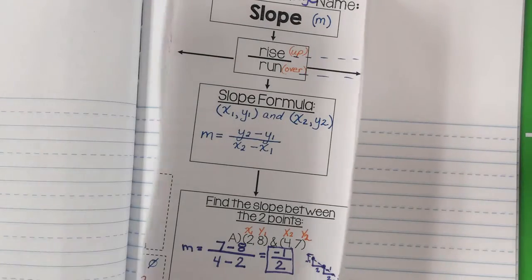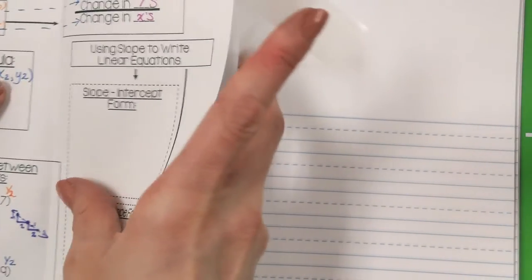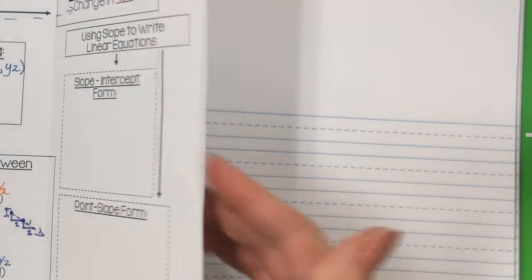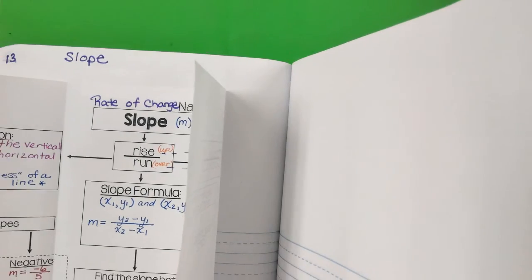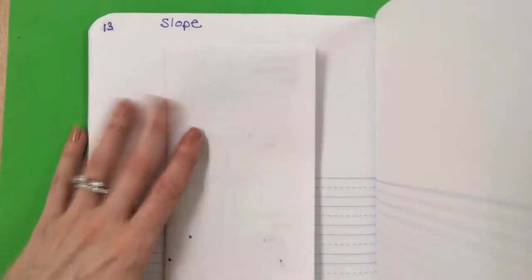We'll fold the right side in, and then fold the left side on top of that. And then we can glue or tape this to page 13. Like this. Close it and shut the book.